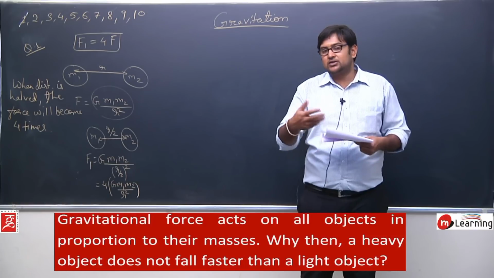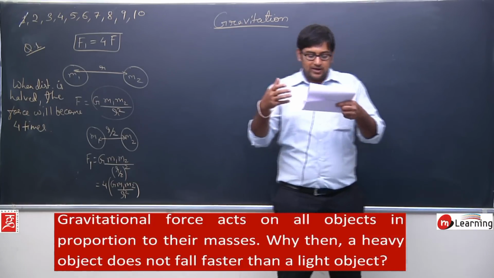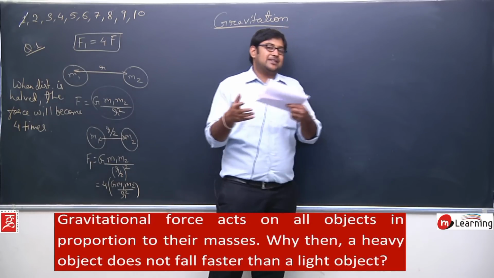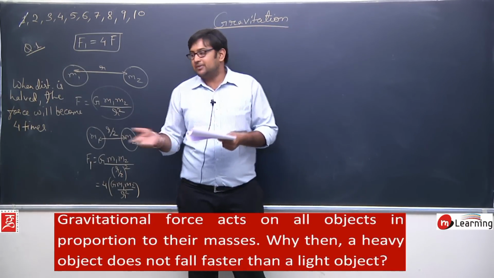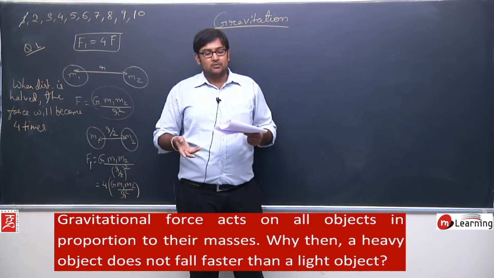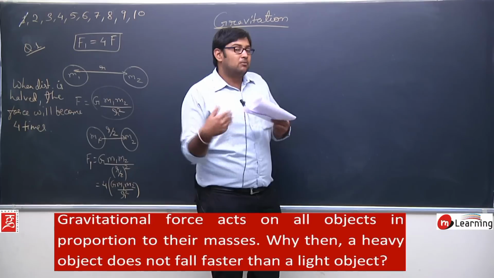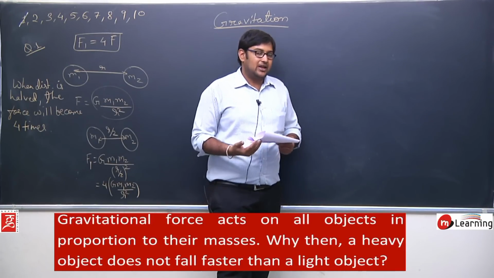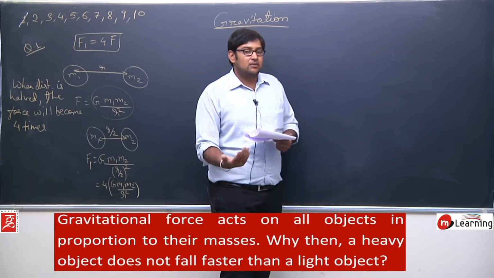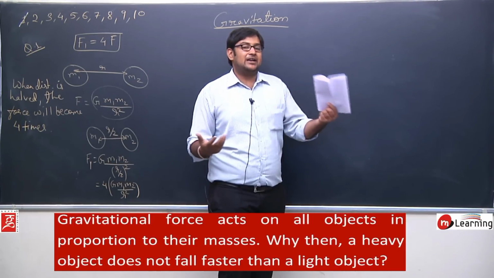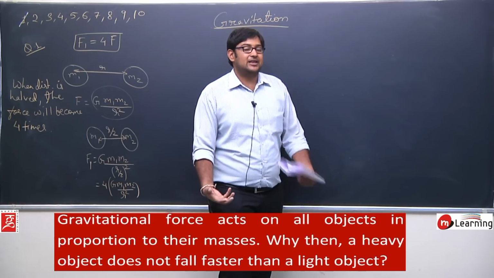We have understood this concept. Now here we can see that force is dependent on the mass, we can see m1 m2, but why is it that the velocity of the heavy object should be more, but it is not, and lighter objects should fall slowly, but they do not. A heavier and a lighter object both will fall with the same speed.